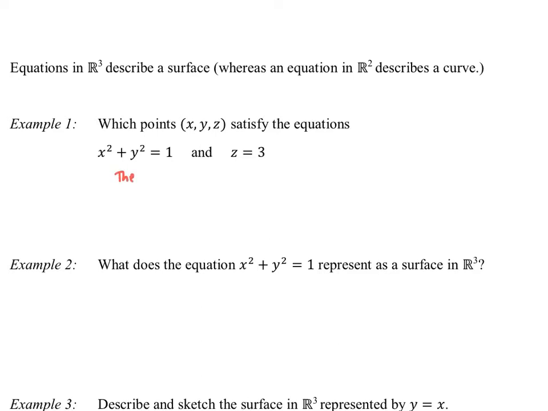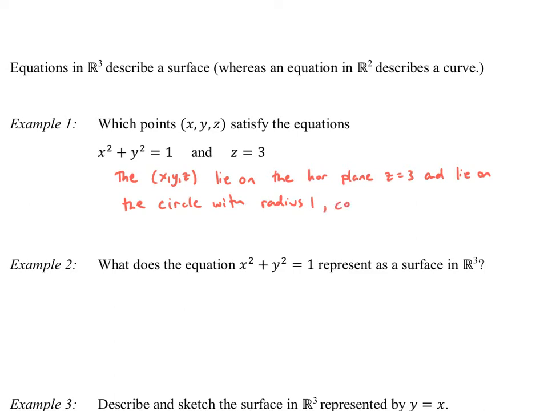Well, let's just say the points x, y, and z lie on the horizontal plane, z equals 3, and lie on the circle with radius 1, which is centered on the z-axis.